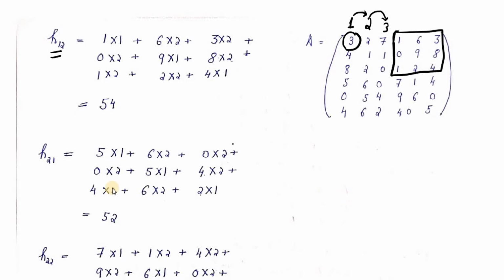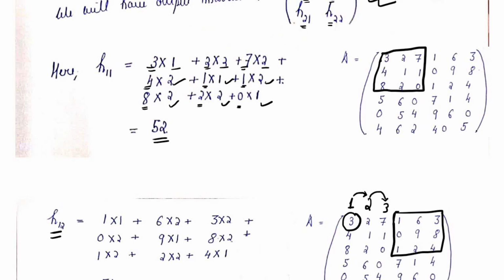Initially, for the h11 calculation, we considered the first submatrix, applied the kernel on it, and obtained 52, which was h11. Now for h12, since we have a stride of 3, we move 2 units until we reach 3, and the submatrix from there is used for the calculation.